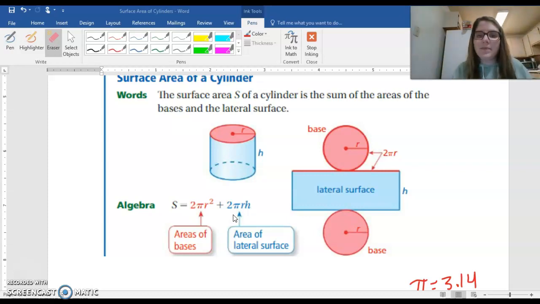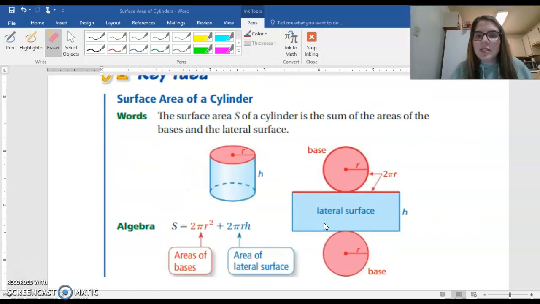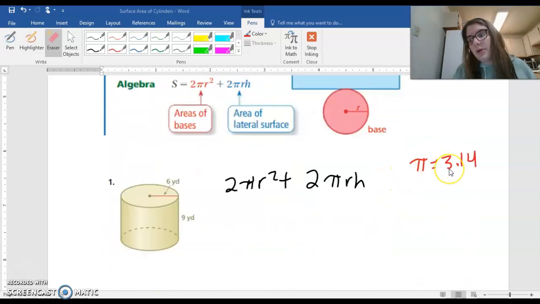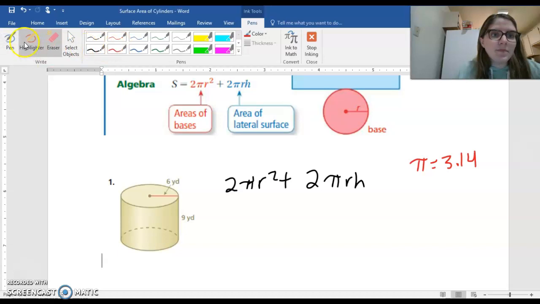In this case, just like we did last time, we're going to use 3.14 for pi. So when we go to plug it in, we have our formula right here. Let's get on our pen.